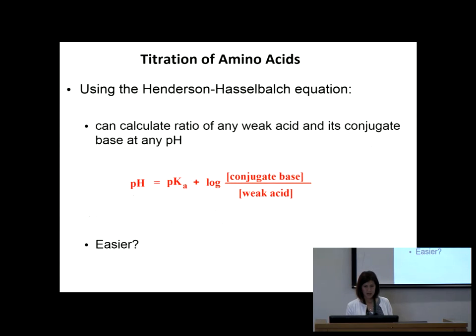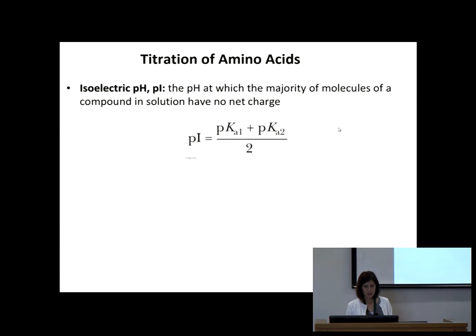Okay. Let's move on and talk about that isoelectric point again. It's a pH in which the majority of the molecules have no net charge. So they can have charges on them, but the net charge has to be 0. So if you have an amino acid that does not have an ionizable side chain, then it's just the average of the two pK values.